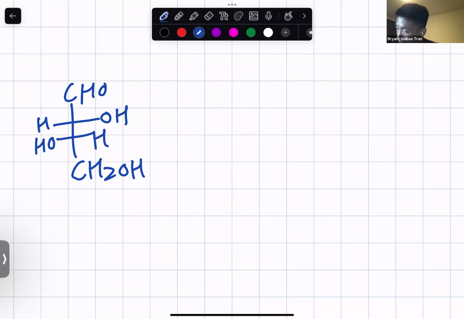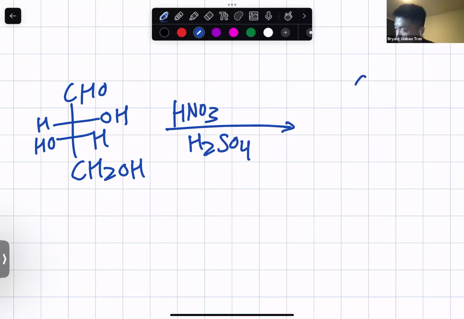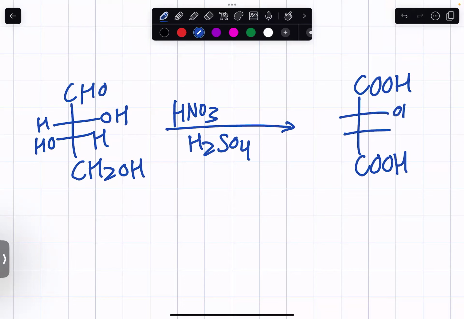If we use a strong oxidizing agent like HNO3, H2SO4, this is the one that would oxidize both the top and bottom carbon into carboxylic acids. Oh, okay. Got it.